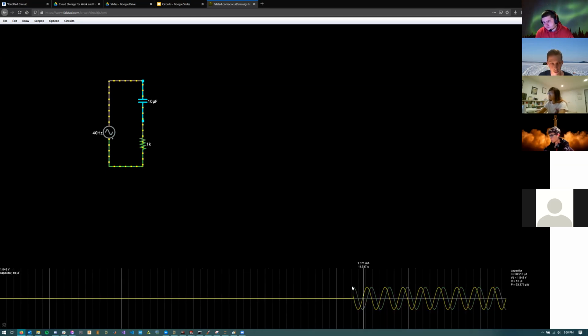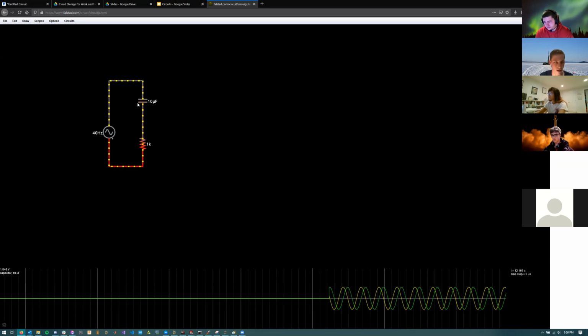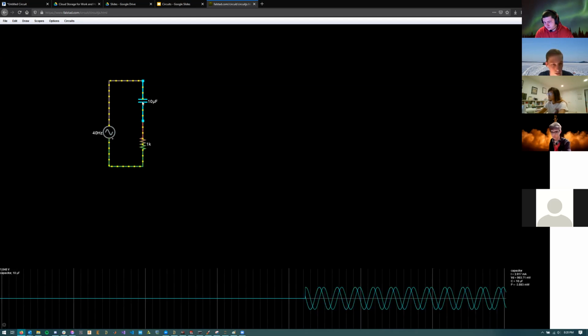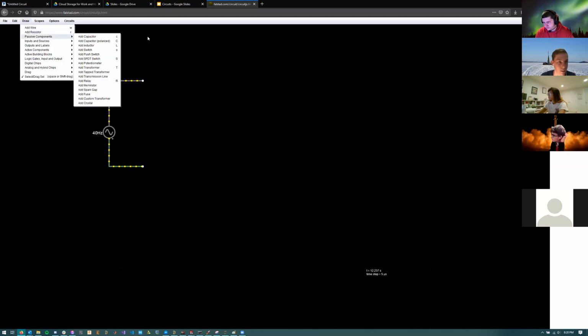So you can use capacitors to create a phase shift in an AC circuit. Capacitors, however, don't act like resistors and inductors in series and in parallel.